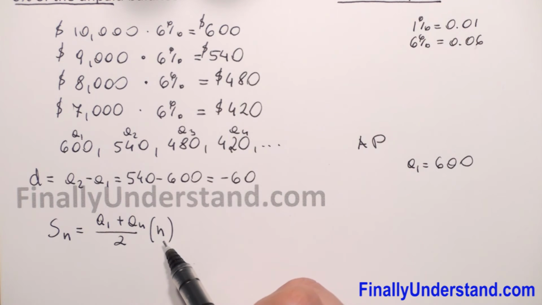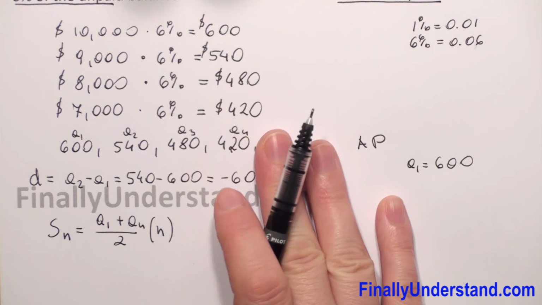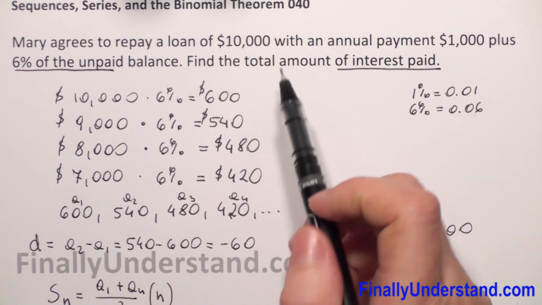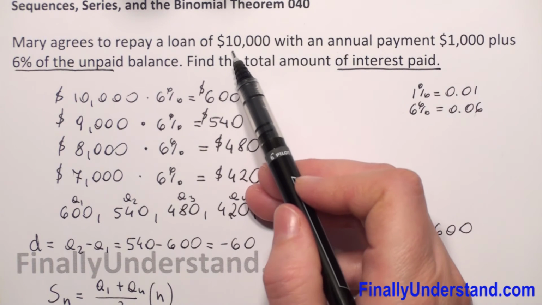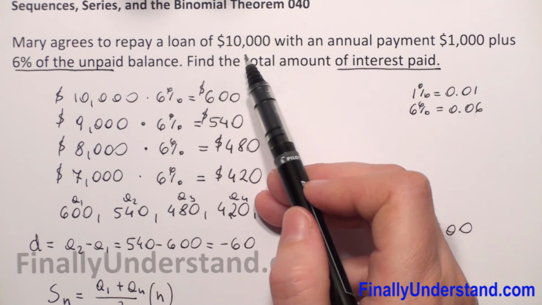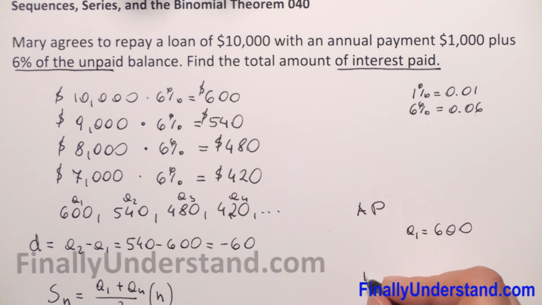How many times she has to pay $1,000 when she has to repay a loan of $10,000? So to find n, we have to just divide 10,000 by 1,000.